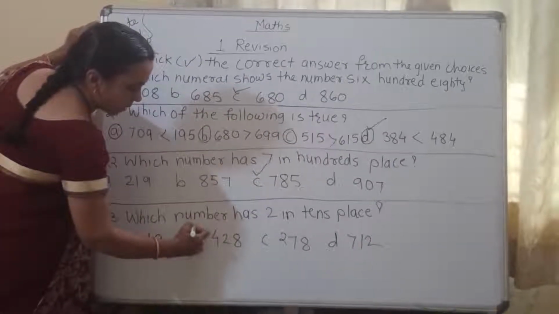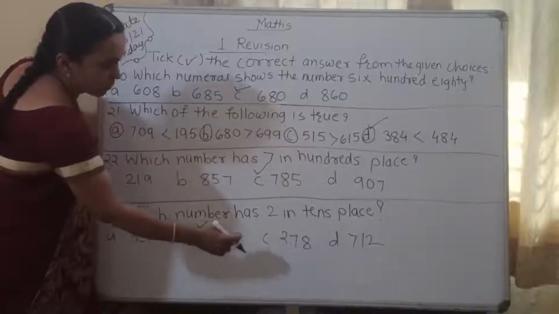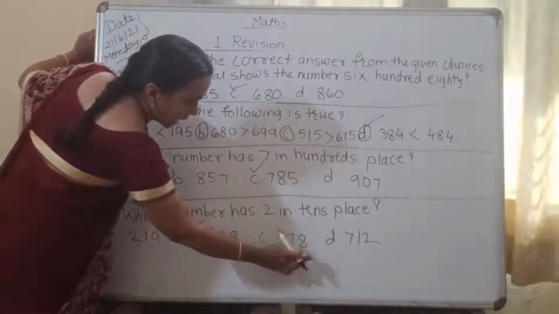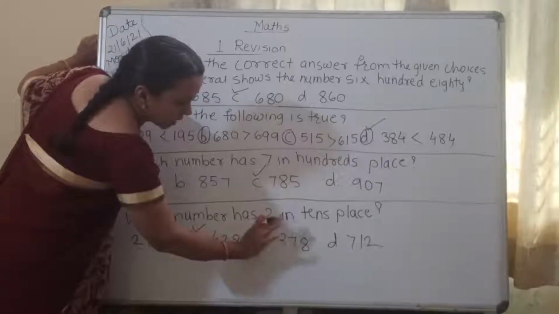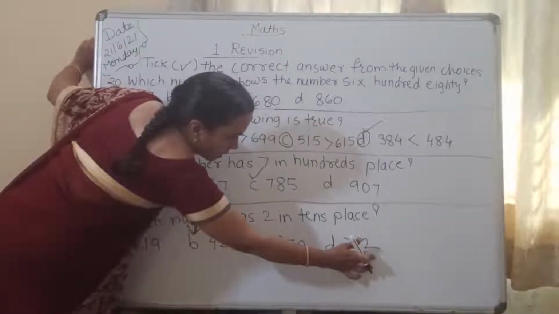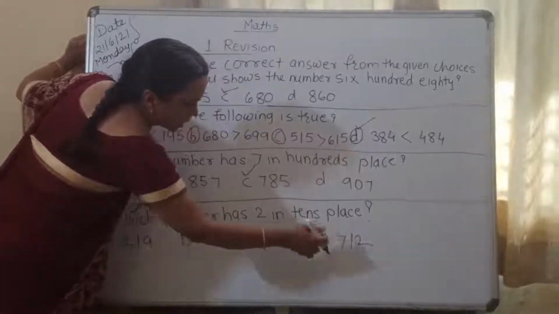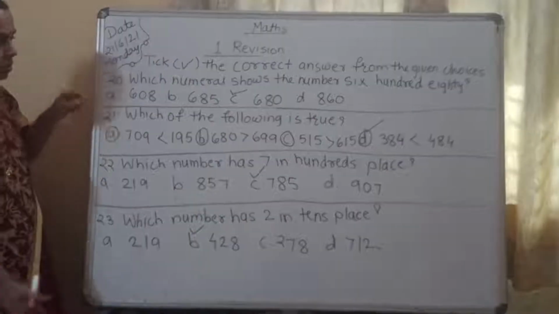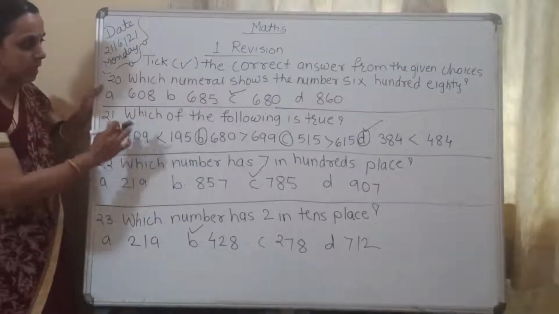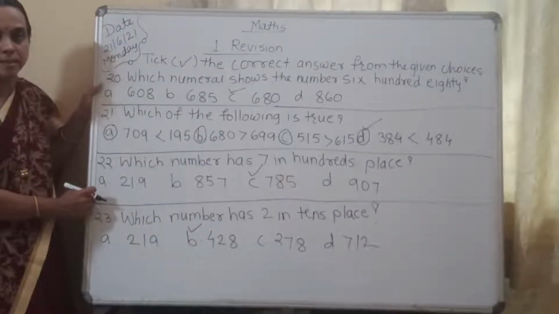So we have to tick mark on this B option. Then 278. Ones, tens. In the tens place is 2 there? No. 712. Ones, tens. In the tens place is 2 there? No. So only one answer is correct. So properly tick mark these answers.